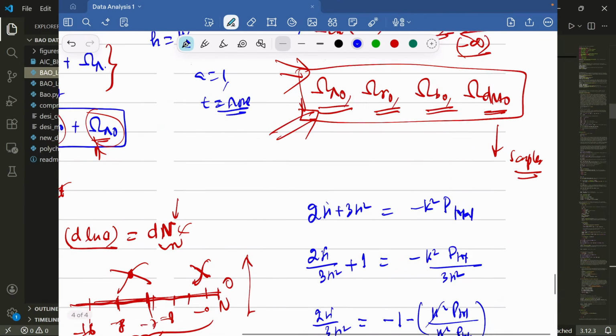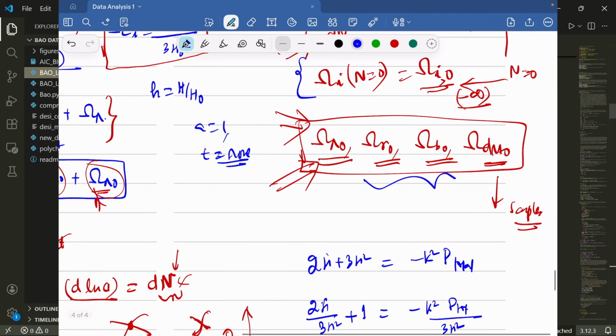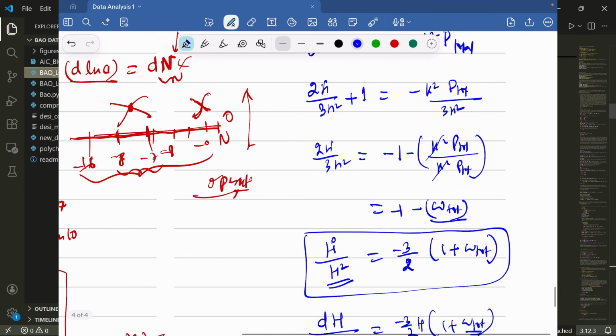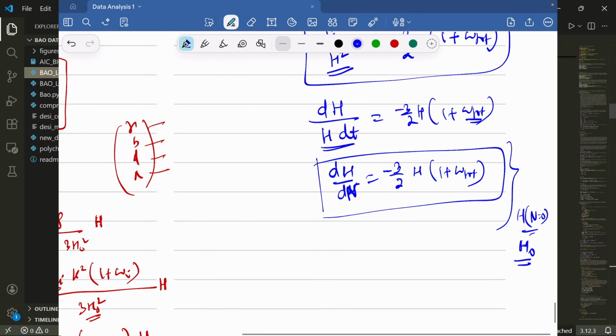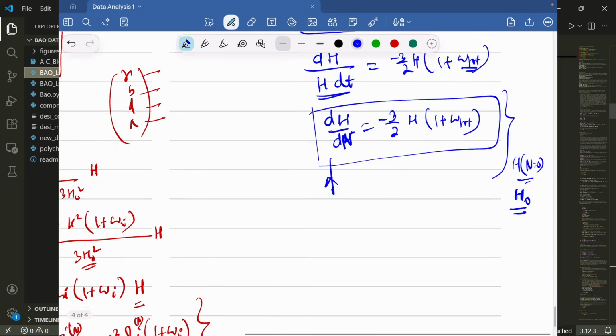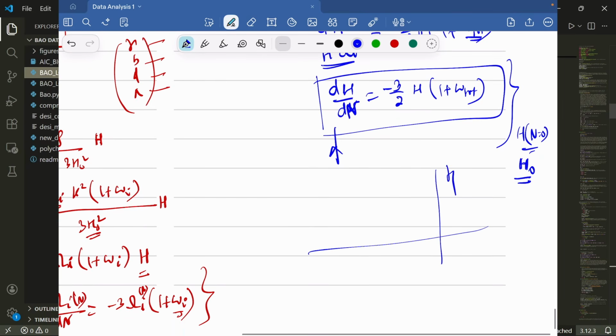So in addition to these parameters, I have another one. This is H naught. Just put it in the sampler and find the value from the data. Once it goes in the data, it will pick up some value and try to solve this one. And you will get a very nice curve of H with respect to N, whatever it is. And here it will take the H naught and boom, you will get the H evolution.